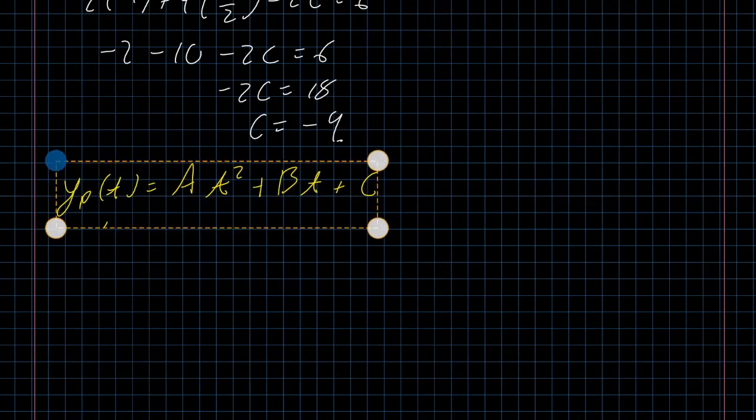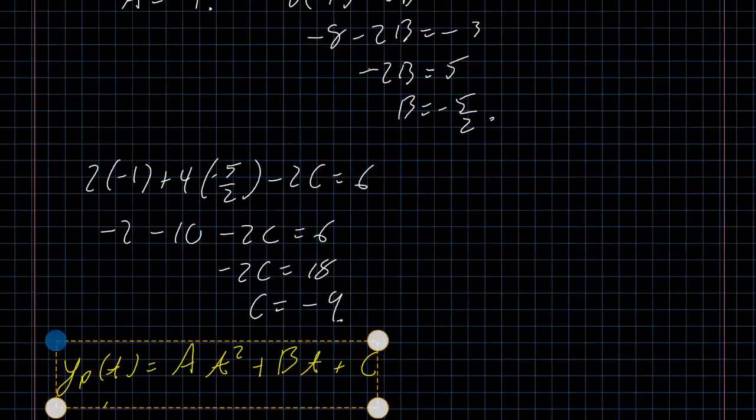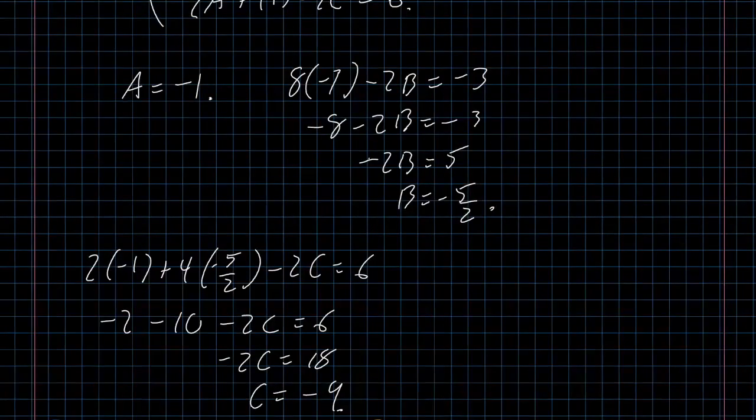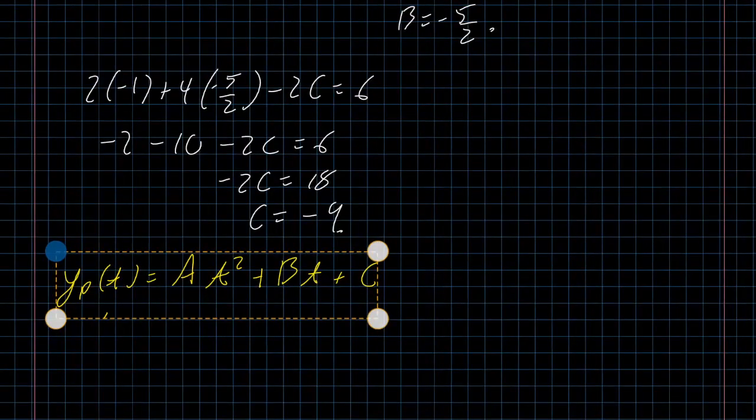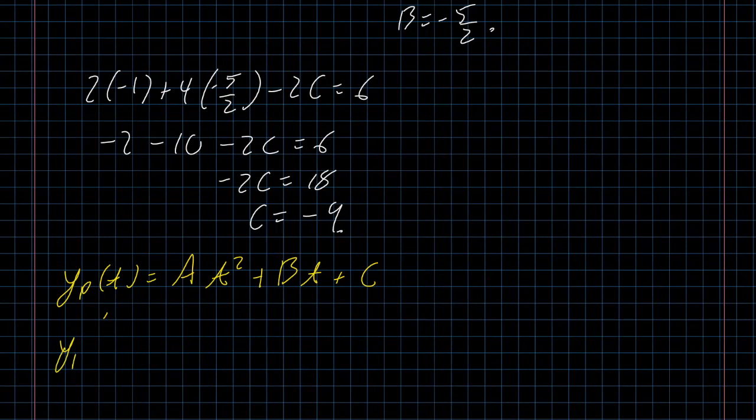And now I know that a is -1, b is -5/2, c is -9, and that tells me that my particular solution is going to be -t² minus 5/2 t minus 9.